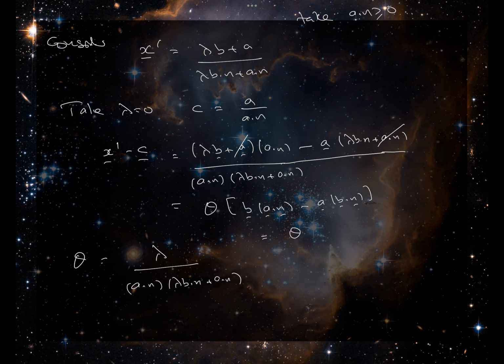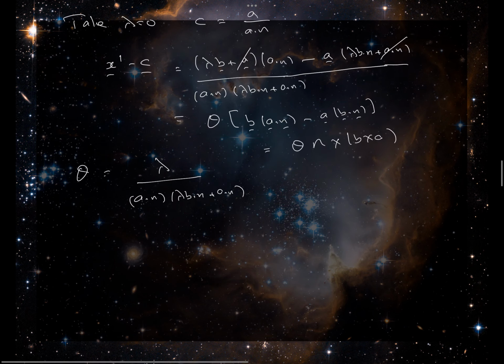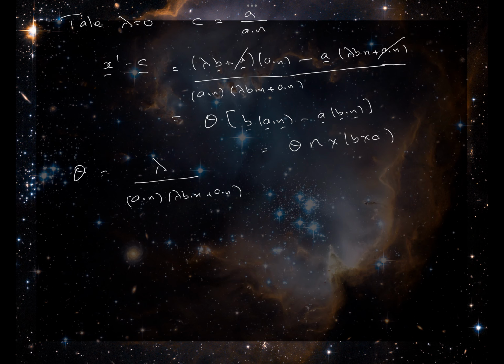That's also equal to theta times n cross b cross a. So call that theta d. Then x primed is equal to c plus theta d, which is a straight line.